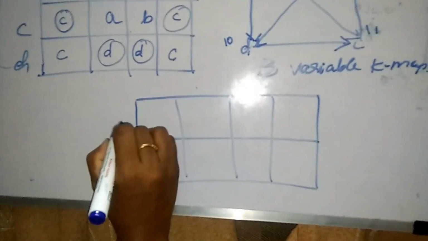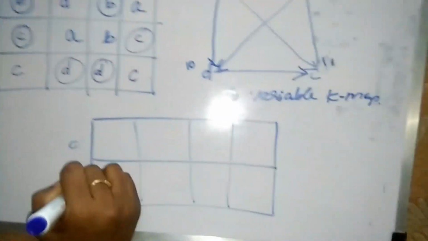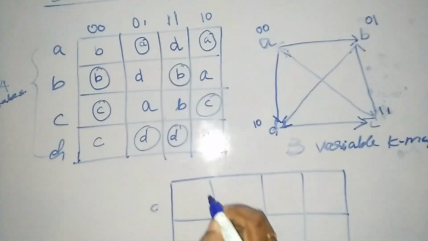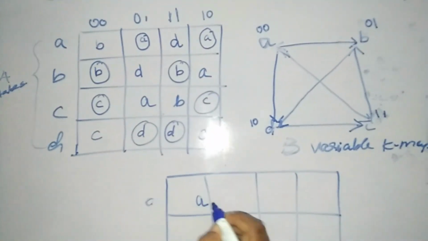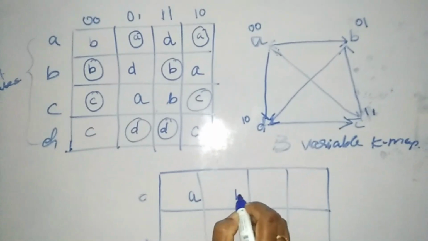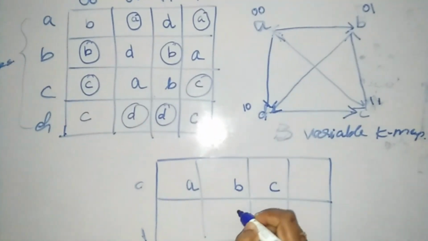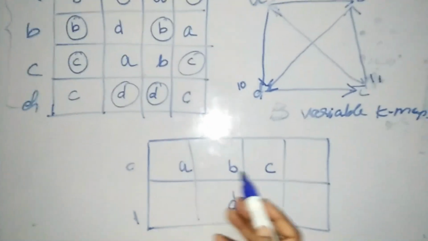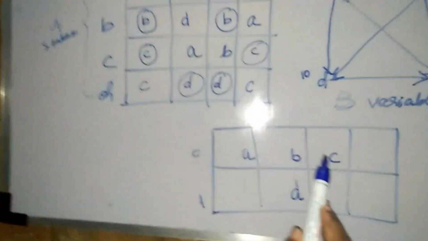Here, let me consider the inputs as 0 and 1, and here let me consider this as A. We have 4 states, so I'll represent this as A, this as B, this as C, and this as D. Dear students, you can represent the states as you wish, but see to it that you represent it in the way of a T or inverted T, okay?